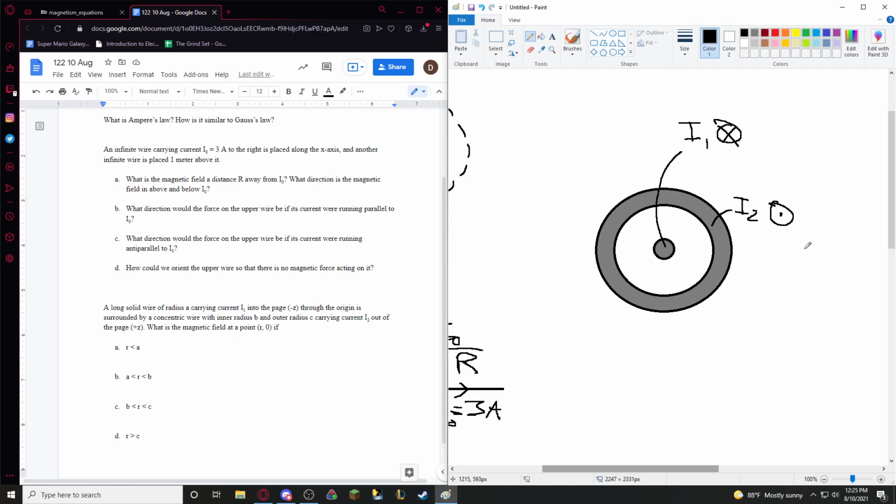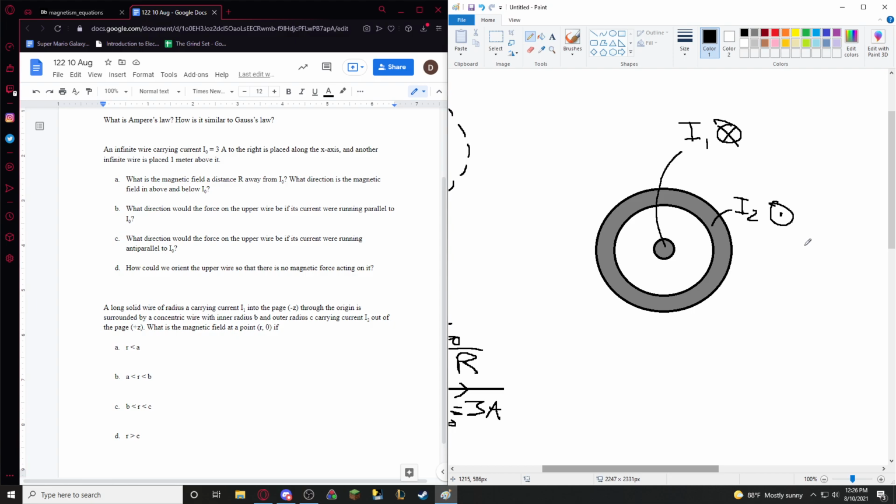So, wouldn't R less than A, wouldn't that magnetic field be 0? Why would it be 0, theoretically? How do you calculate the magnetic field here?